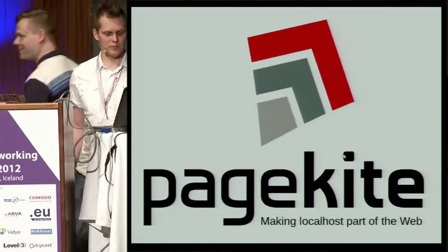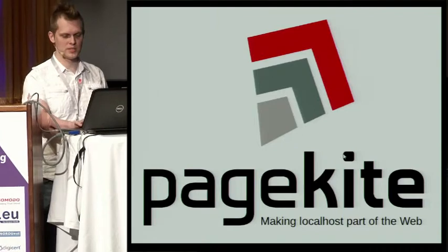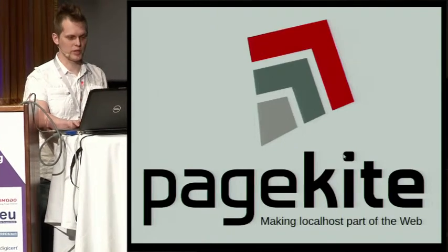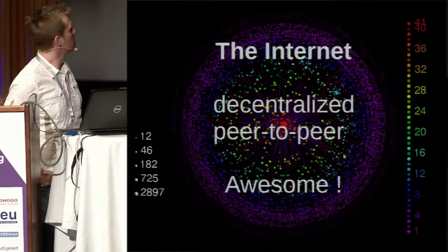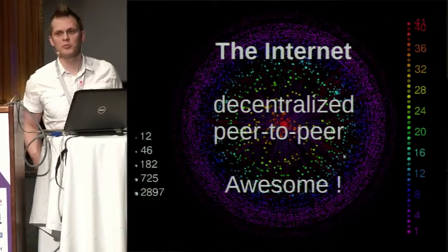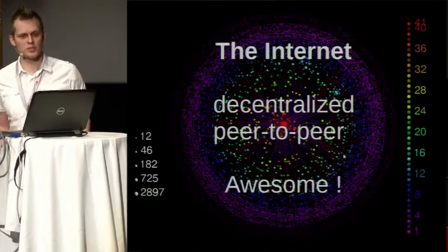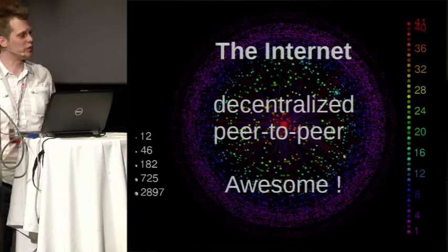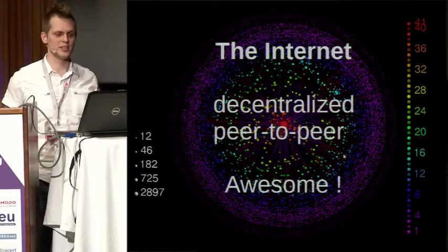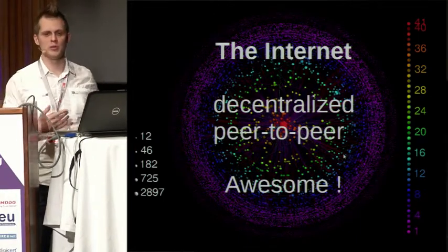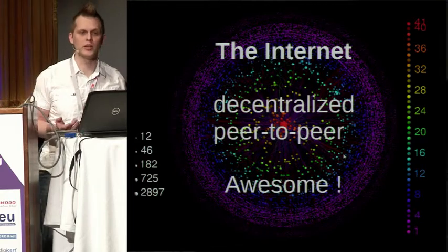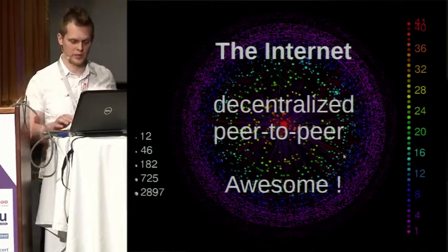So yes, I'm here to talk about PageKite, which is an open source project that I've been working on for the last couple of years. Briefly about the motivation. I think the internet is awesome, and I miss the good old days when it was truly decentralized and peer-to-peer, where people could run a server on any node, and any node could talk to any other node.